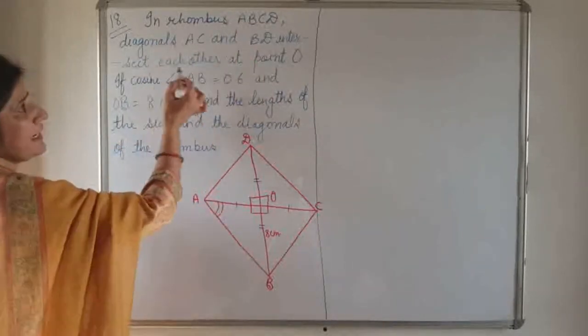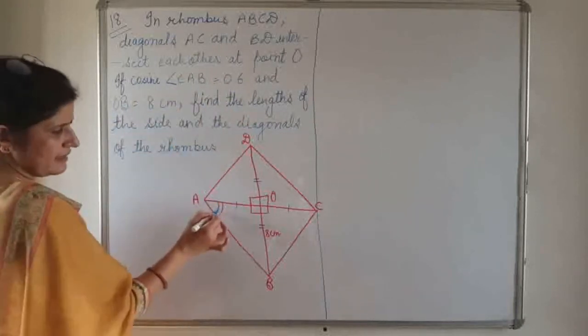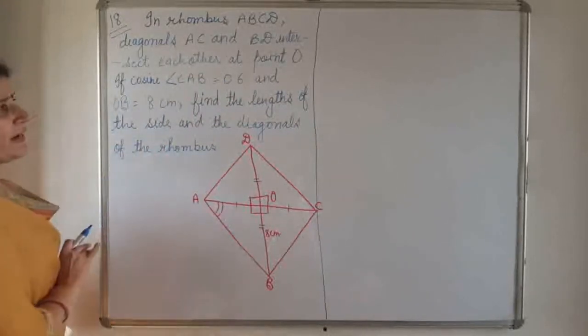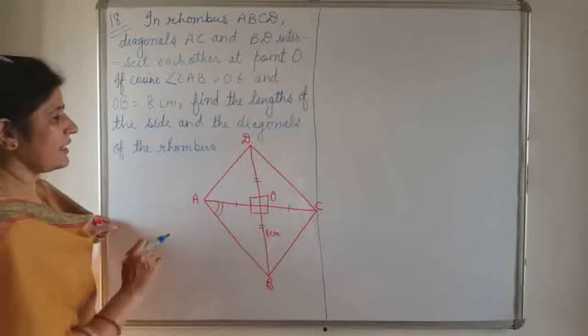Okay. So here it is given in a rhombus ABCD, the diagonals intersect each other at O. Angle CAB, this angle is given 0.6. And you have to find the length of the side and also you have to find length of the diagonals.